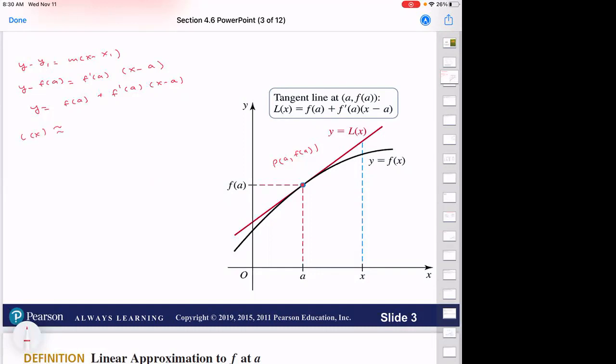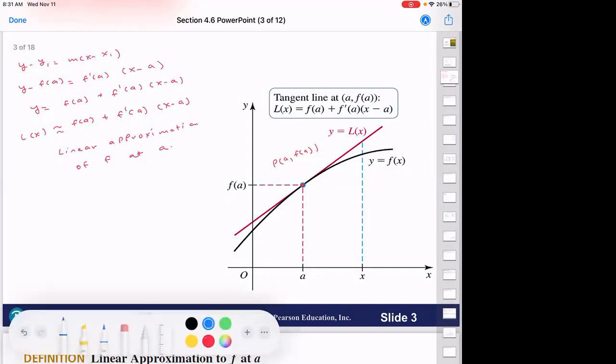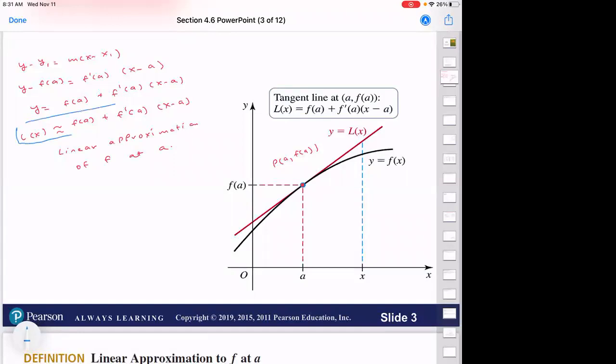This is our formula for the approximation of the function near the point P. So this is the linear approximation of f at the point A. So this is nothing new, so don't think this is something completely new.